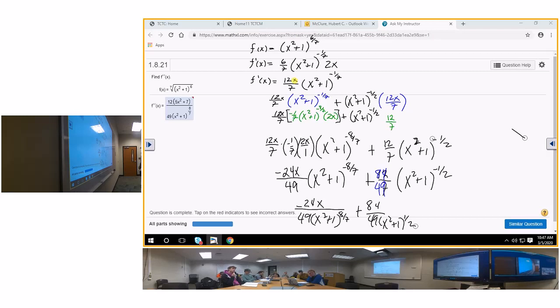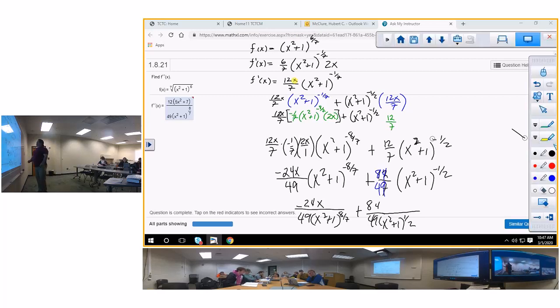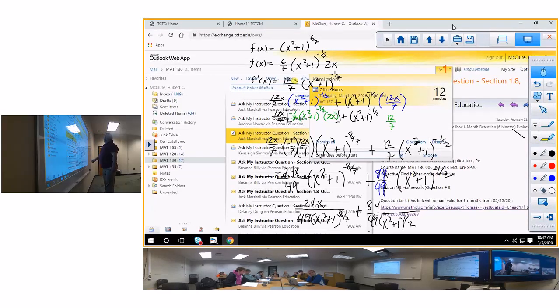So you still got to get a common denominator of, it doesn't even match. I might have to do this problem and come back with you on it. Let's go to the next problem. I'm gonna leave that one up because I'm gonna work on it after class.